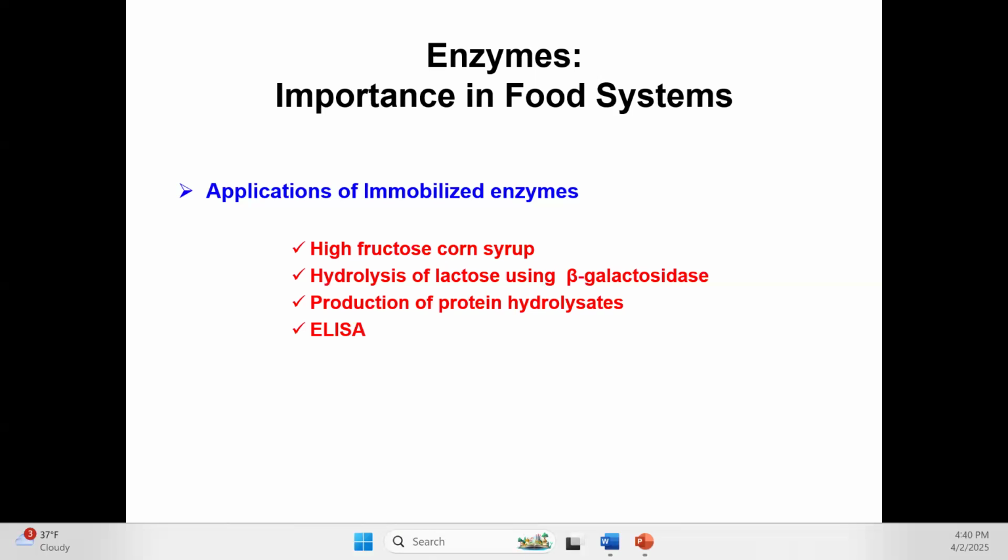Oh, high fructose corn syrup and production of hydrolysis. So this way in industry, they can regenerate the enzyme and use it. Instead of batch processing, where you lose the enzyme, if they immobilize it, they can utilize it multiple times.